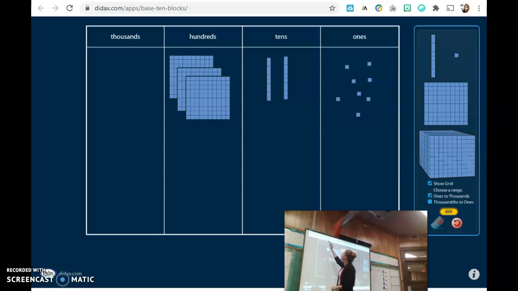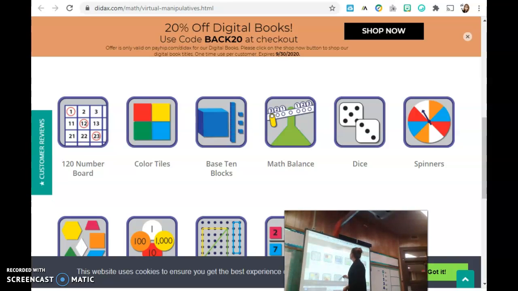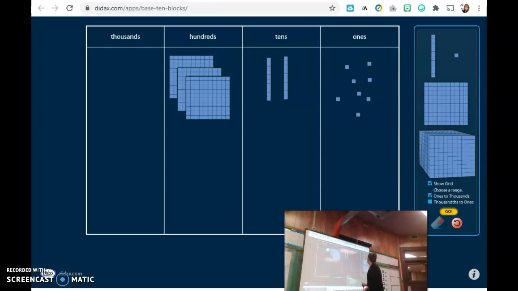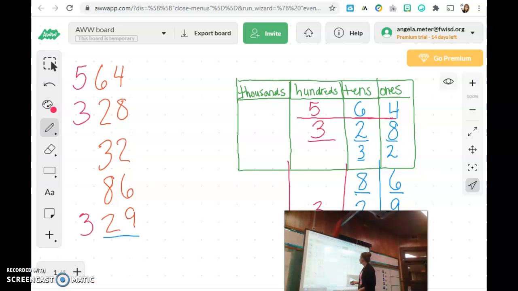All right, now, last but not least, we're going to make a quick thousands place value. So, if I have the same number, I'm going to now add a 6 there. Well, guess what?